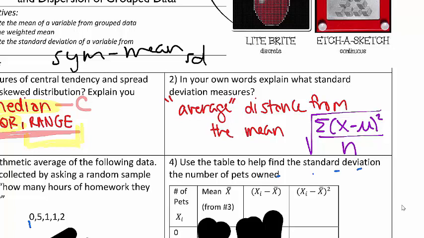You're adding up all of the distances and then dividing. That's like adding up all the values and dividing by the total, that's the average. And then we take the square root to basically undo the fact that we squared already. So it's kind of the average distance you are away from the mean.